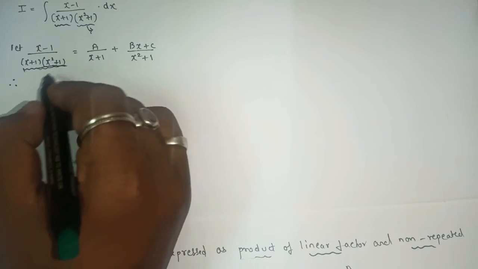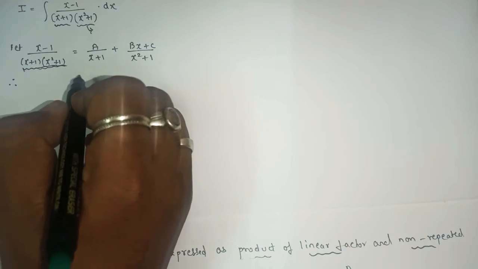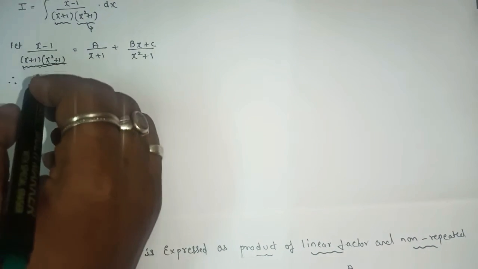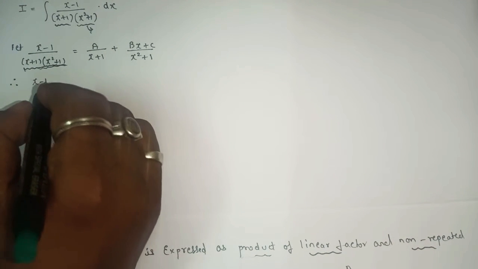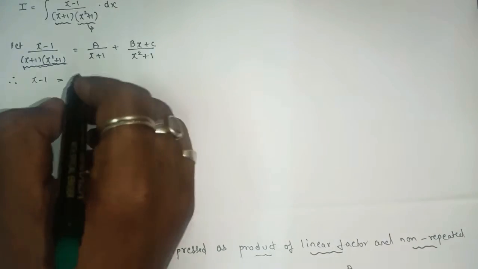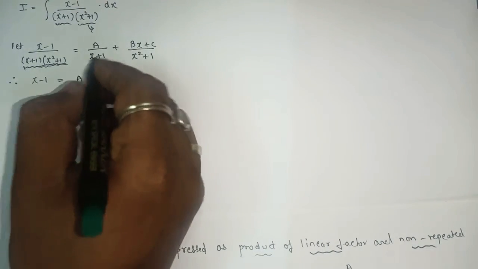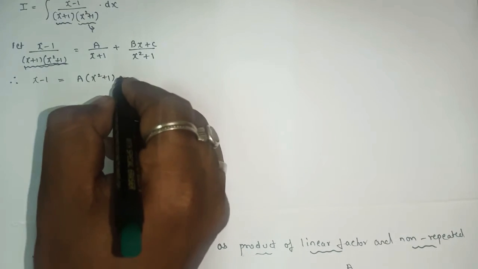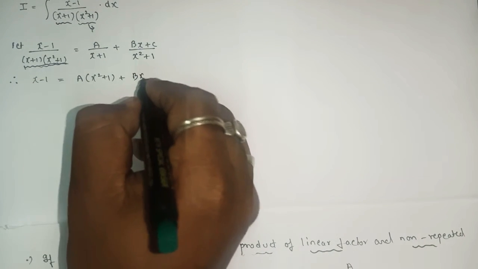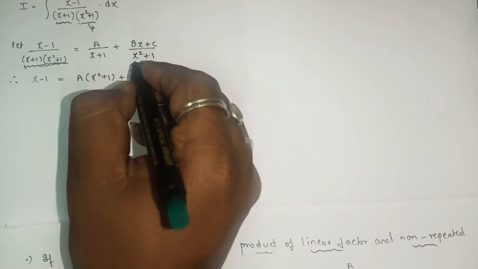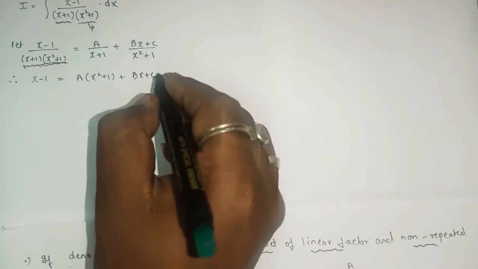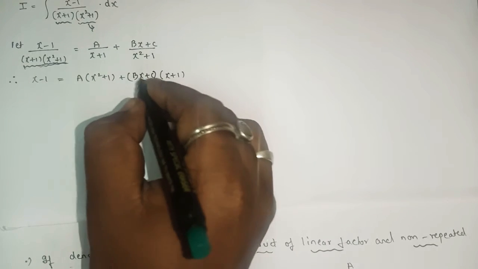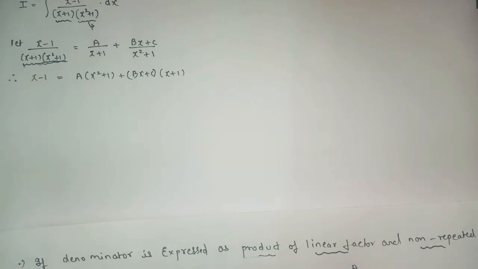So when you multiply throughout by (x plus 1)(x square plus 1), here you will get x minus 1, yes or no. Here x plus 1 will get cancelled, and you will get x square plus 1, and here x square plus 1 will get cancelled, and you will get x plus 1, and this section I will write inside a bracket as it contains two terms.